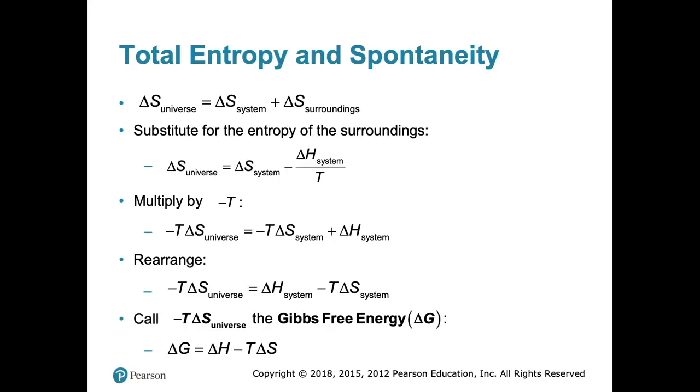Then we can multiply both sides by negative temperature and rearrange everything, and what that gives us is Gibbs free energy. That's the important thing, where delta G equals delta H minus the temperature times delta S. That is the equation that you need to know right there. Gibbs free energy.